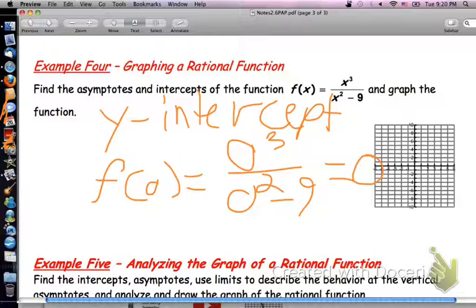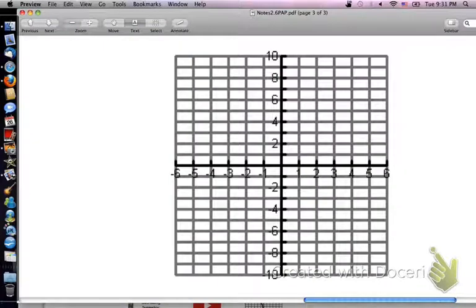Okay, so now we want to graph our function. The first thing we can do is draw our vertical asymptotes and the slant asymptote. Remember, we found a slant asymptote of q of x equal to x. That's just going to be a line. Hopefully I can draw this.